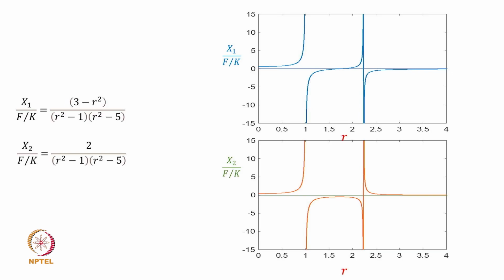What you should note is that as many degrees of freedom as you have, you will have an equal number of resonances. So if I add one more degree of freedom, if I include the pitch motion, you would expect multiple resonances occurring here.